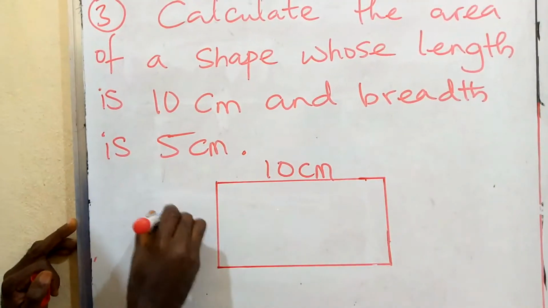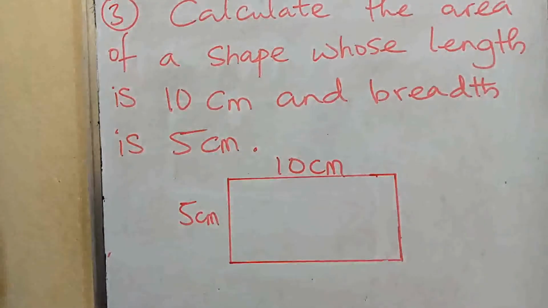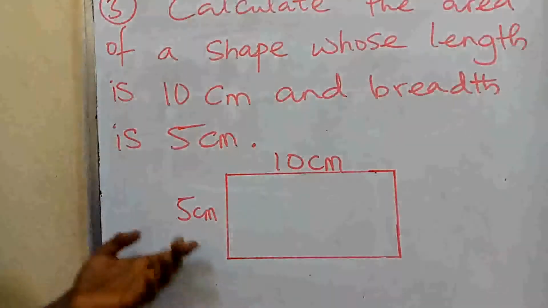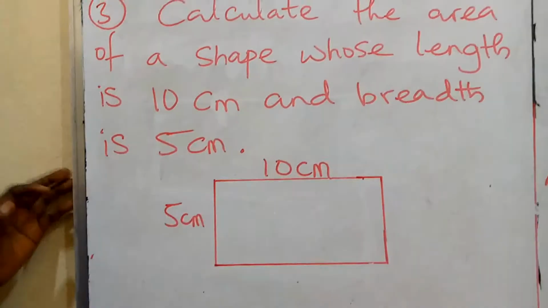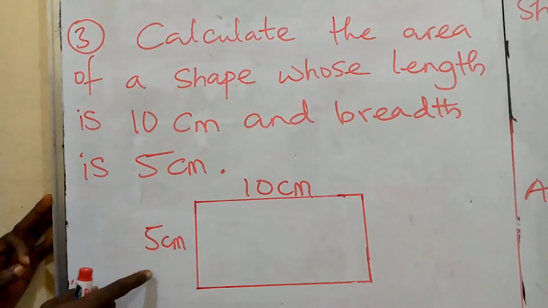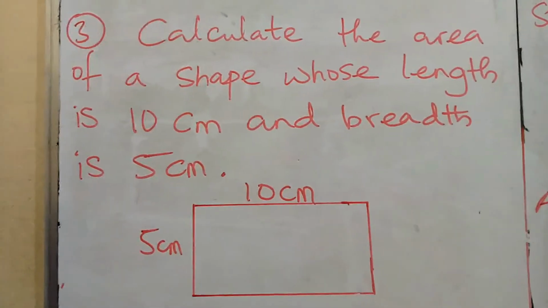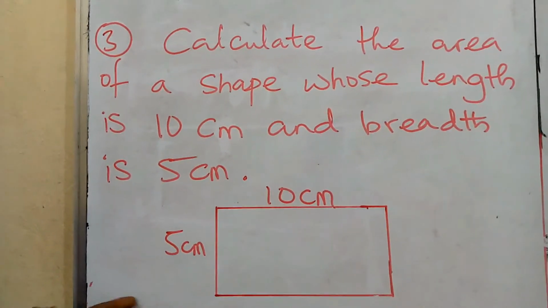So let me use this side so that you don't feel you're supposed to use only this side. Will you use this side or this other one, since they are both breadth? So the length is 10 centimeters and the breadth is 5 centimeters.